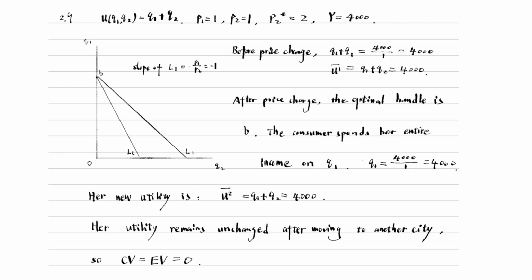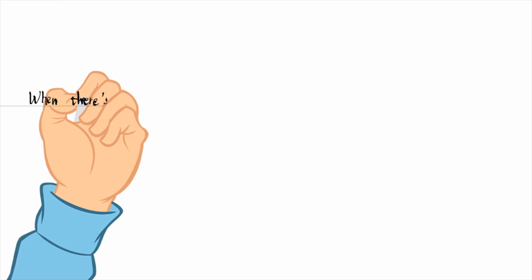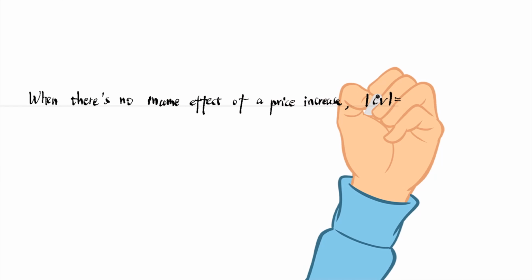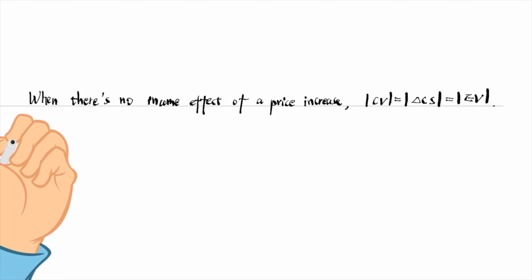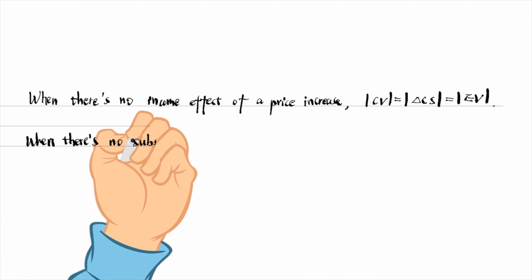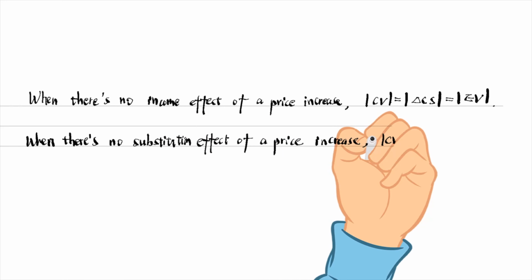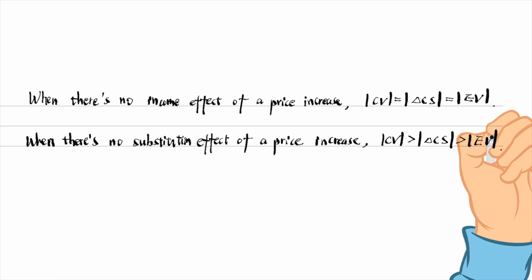From the last two videos, we can make a summary of the measures of consumer welfare. When there is no income effect of a price increase, the three measures are equal to each other. When there is no substitution effect of a price increase, the size of compensating variation is larger than the change in consumer surplus, which is larger than the size of equivalent variation.